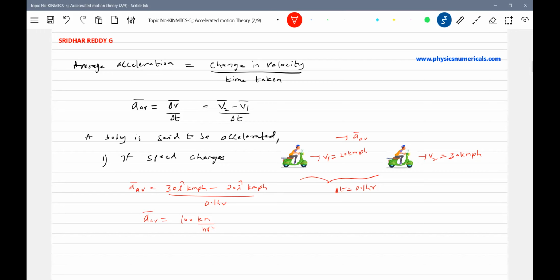If you want to convert to meter per second square, convert it. Usually the typical unit for acceleration is meter per second square.